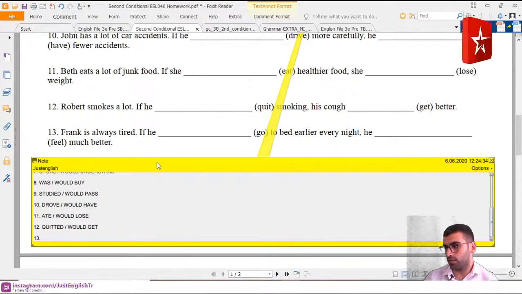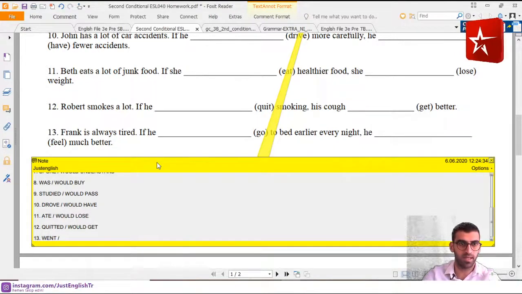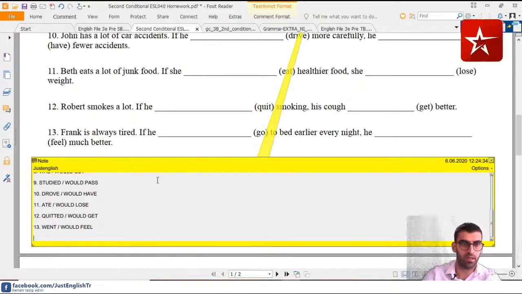Yes, went, like go in the past simple is went. Frank is always tired. If he went to bed earlier every night, he would feel much better.